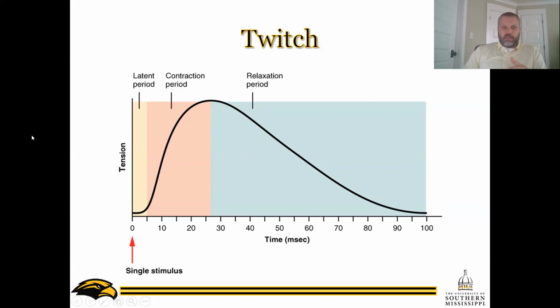Second, off of that, we can then look at how much force or tension that twitch or action potential generated. So if you're looking at two motor units, motor unit 1 and motor unit 2, they have almost identical latency and contraction period timestamps, or time to peak force.